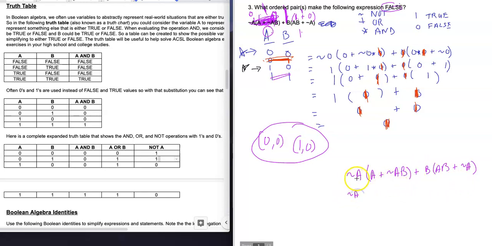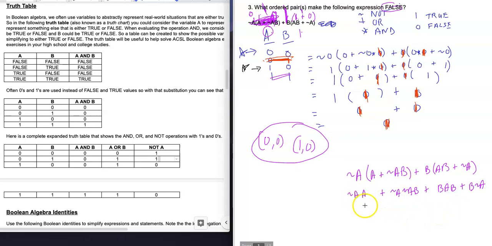I'll do it real quickly. The not of A times A using the distributive identity. The not of A times this term would look something like this. Plus B times AB would look something like this. Plus that B times that not A would look something like this.